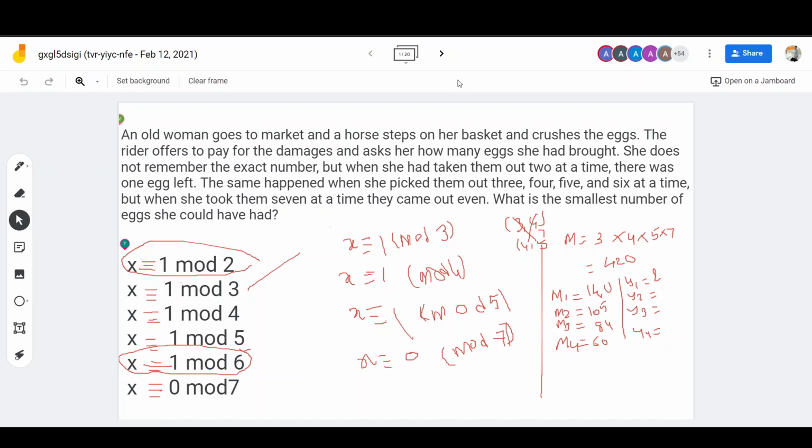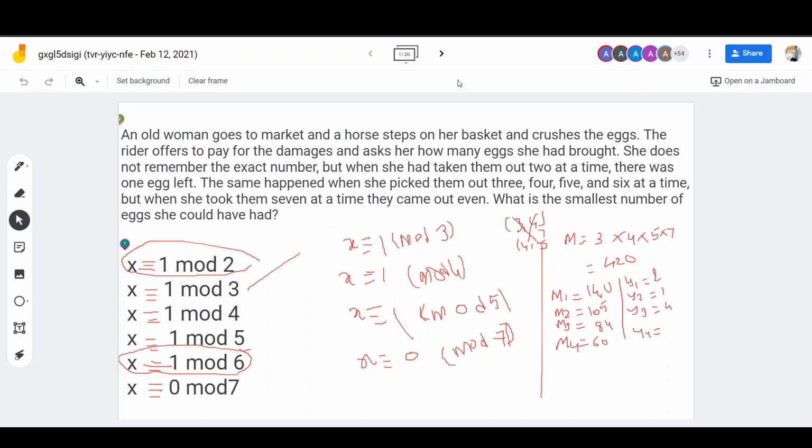Here y2 value will come, I think 1. And here y3 value is going to be 84 mod 5, 4. That I told you already. You have a finite field. Suppose we are using modulus 5. Suppose you want to find 4 inverse, that is going to be 4 only. Why? Because 4 into 4 is 16, and 16 mod 5 is equal to 1 mod 5 only.